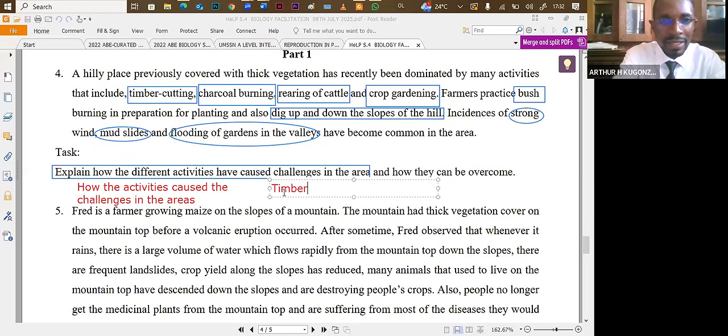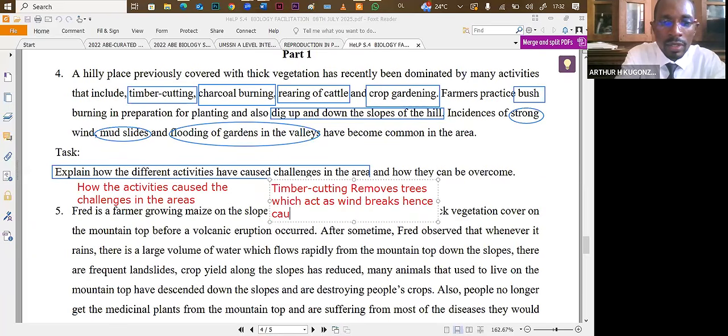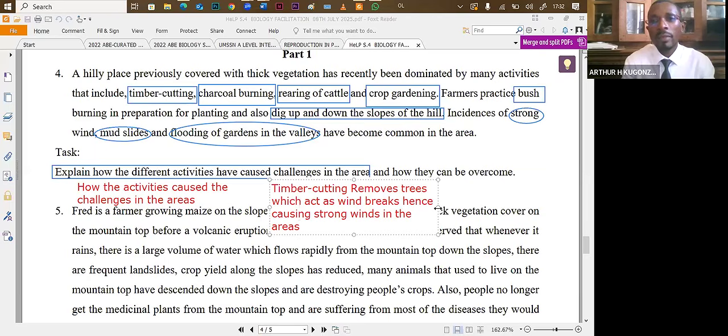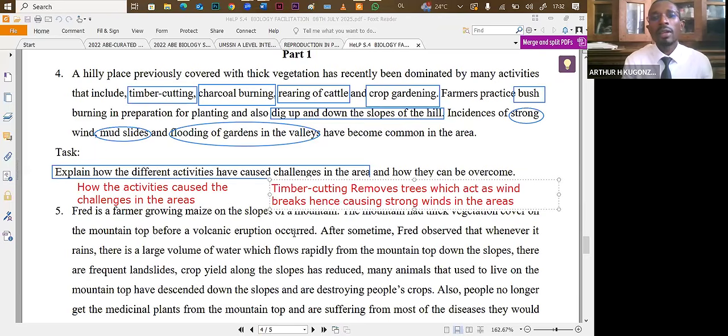So I will say that timber cutting removes trees which act as windbreaks, hence causing strong winds in the area. I have explained my point number 1.